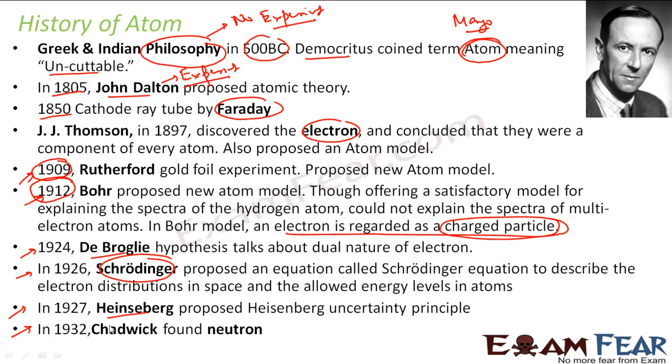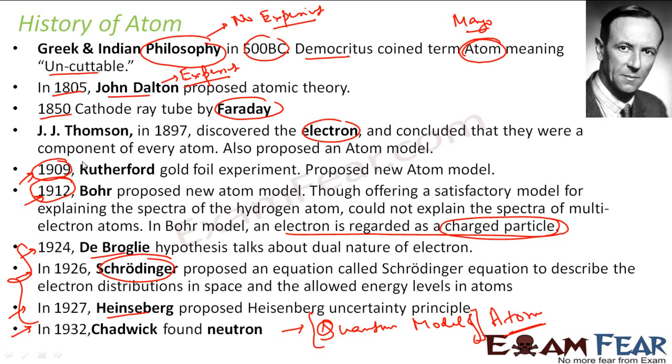And in 1932, Chadwick found the neutron. After this, it is not in this slide, but this is the model which is mostly accepted. This was found after all this happened. These guys proposed a model called the quantum model of atom, and that is the most widely accepted model for atom today.